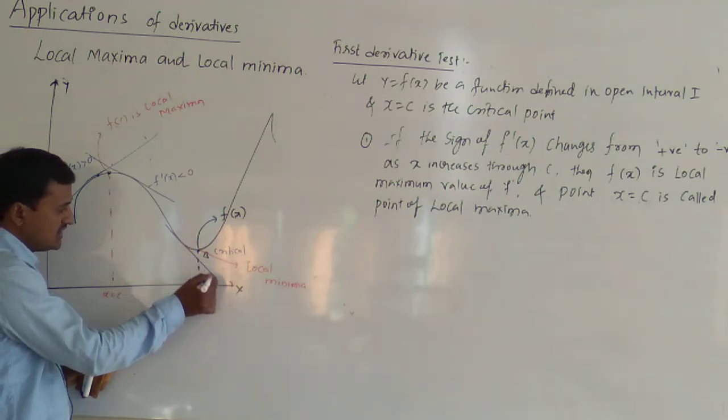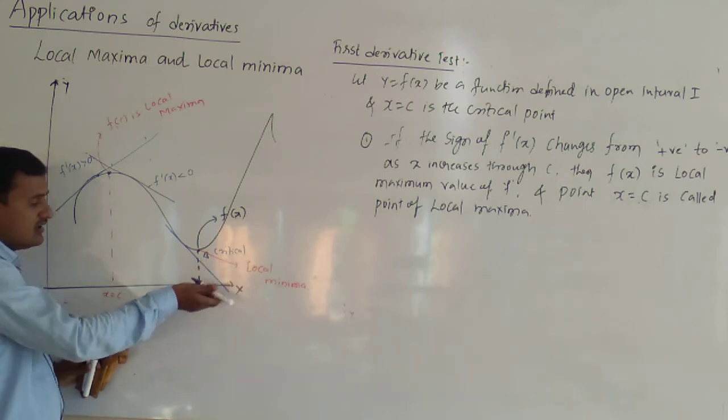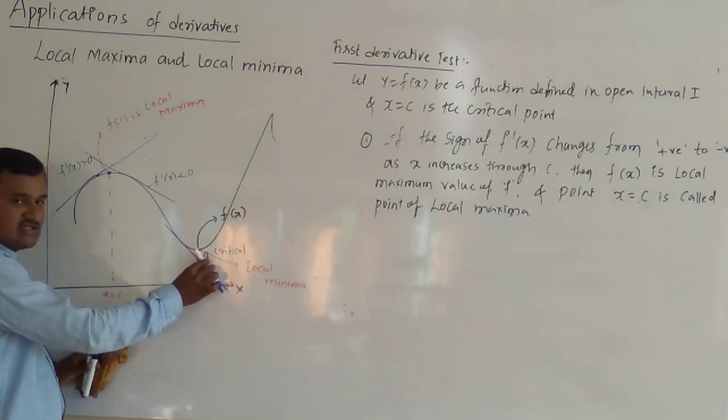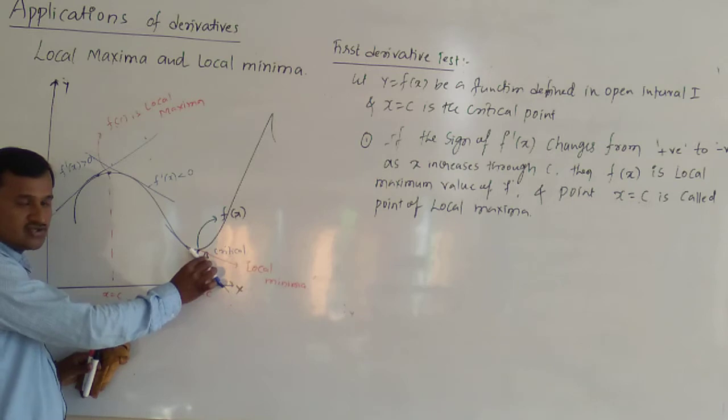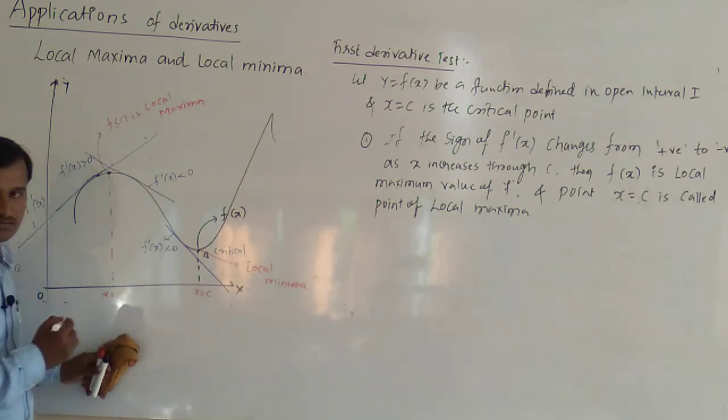So this is the tangent, right? Clearly this tangent makes an angle theta with the positive direction of x axis, and clearly it lies in the second quadrant. In the second quadrant, tan theta is negative. Tan theta is negative means that the slope, that is f dash of x, is less than 0, right?